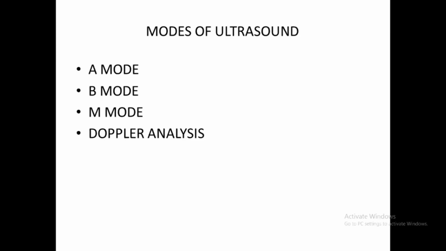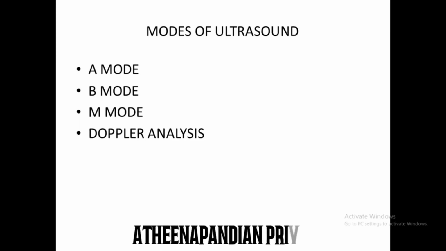And next, there is one other mode called color mode. Why I didn't include color mode is that color mode comes under M mode and Doppler analysis. Generally people think that there are two colors, red and blue, and people say red is for arteries and blue is for veins.